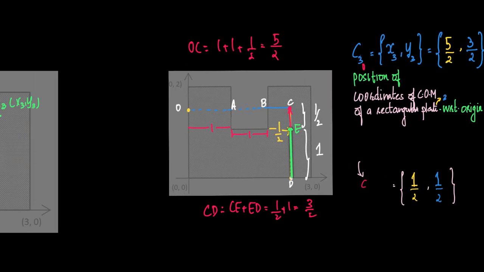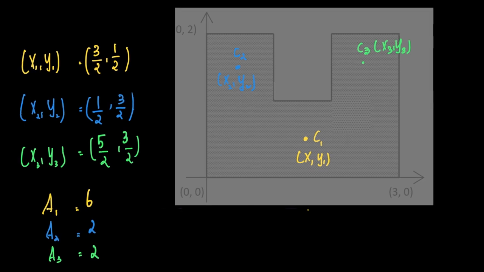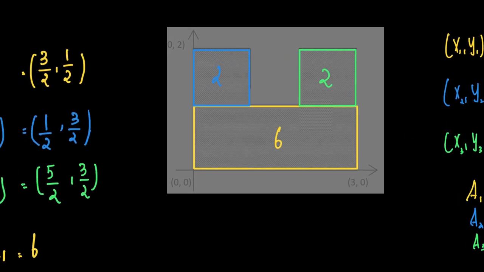Now we have all the given values. Now we have determined all three centers of mass, the centers of mass of the individual figures with respect to the origin, which gives us x1, y1, x2, y2, and x3, y3. Now what can we do?